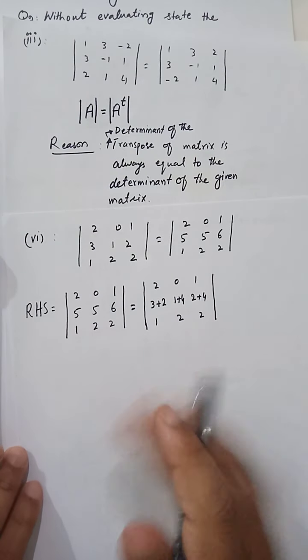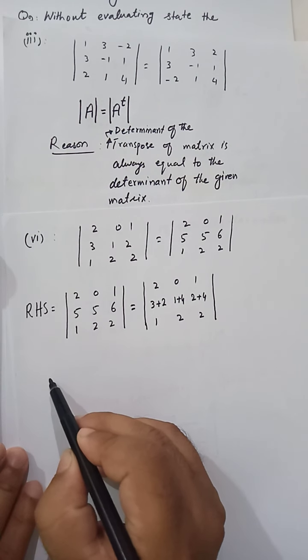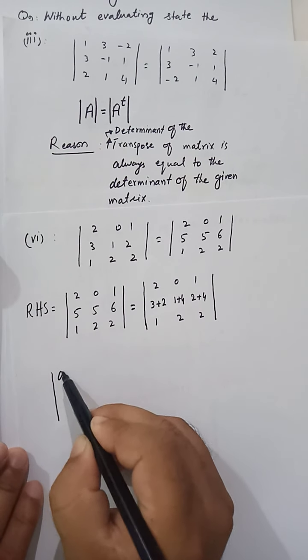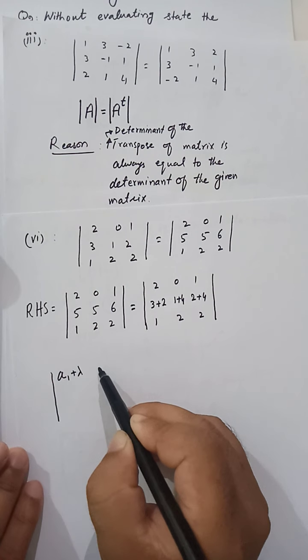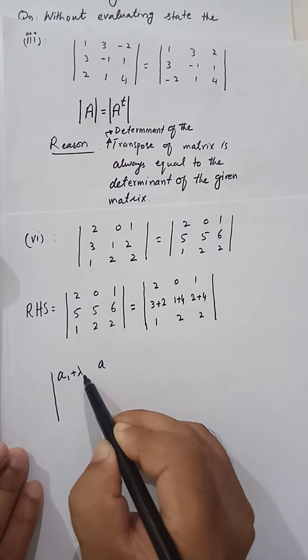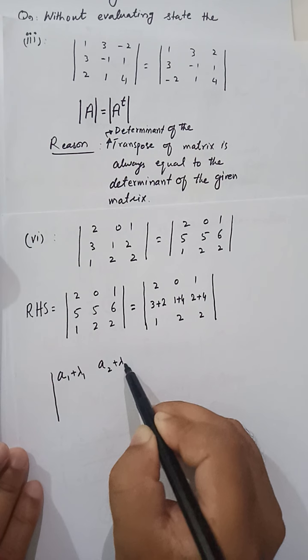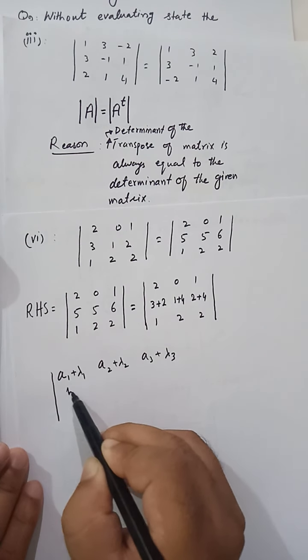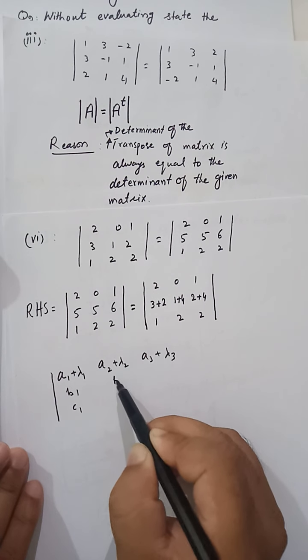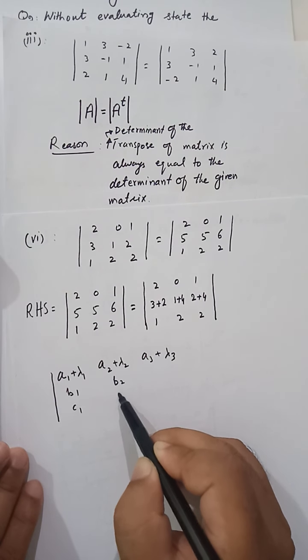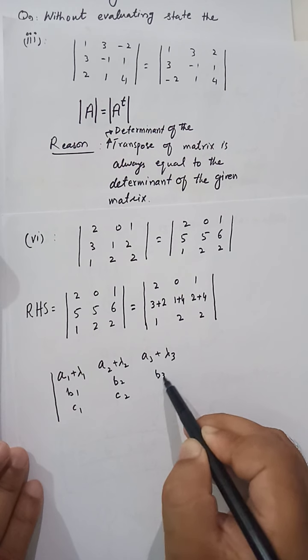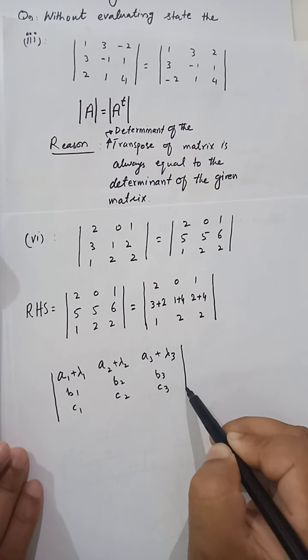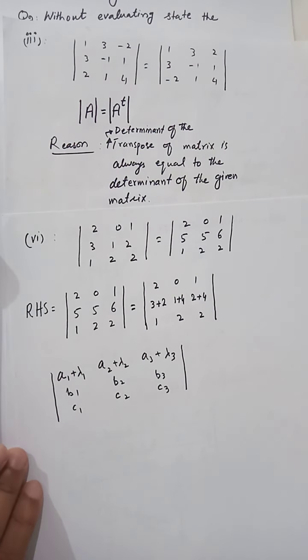Now we know a property. You see that this is the determinant, and the first row is written actually as the sum of two terms.